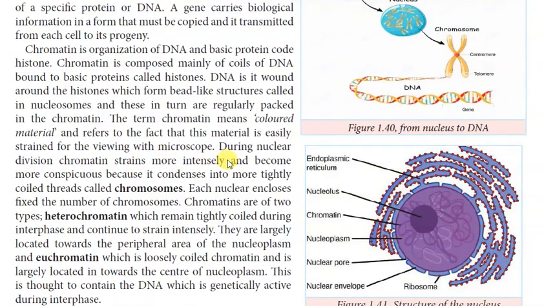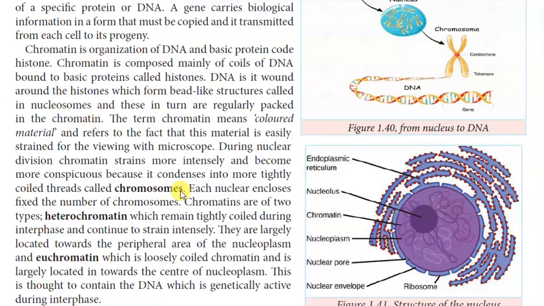During nuclear division, chromatin stains more intensely and becomes more conspicuous because it condenses into more tightly coiled threads called the chromosomes. Kwa hiyo always ni kwamba yani chromosome zinaonekana wakati wa nuclear division only. Yani hizi chromatin kama hakuna nuclear division hauwezi kuiona kwa sababu they are very small thread-like structure.